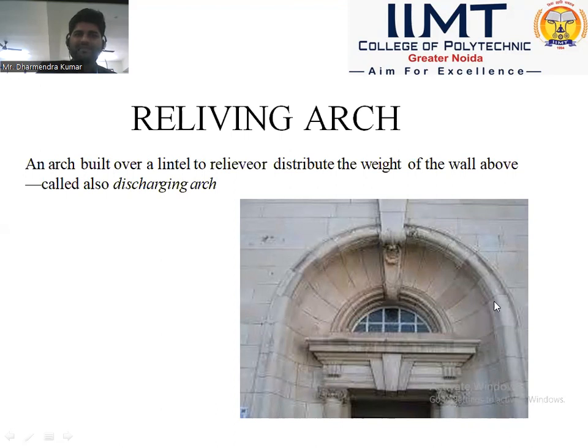It should be first class brick, as I also discussed in previous slides. We need first class brick with a compressive strength of 10.5 Newton per mm square, and low water absorption capacity, not more than 20% of the dry weight.